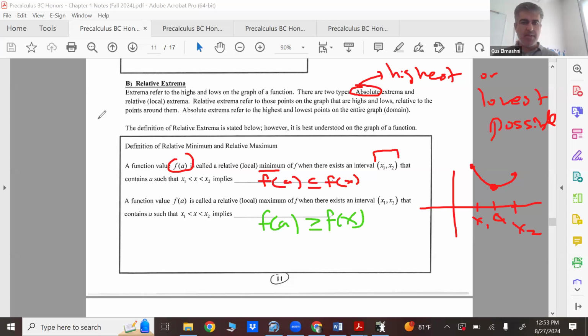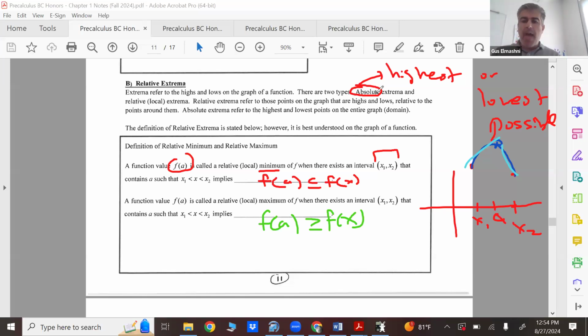Let's try this again. If I do tangent lines here, see how that's going from rising to dropping, positive to negative slope, right? So yeah, that could happen. And so that would be a relative max.